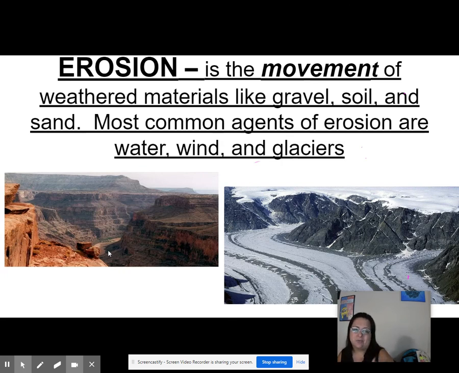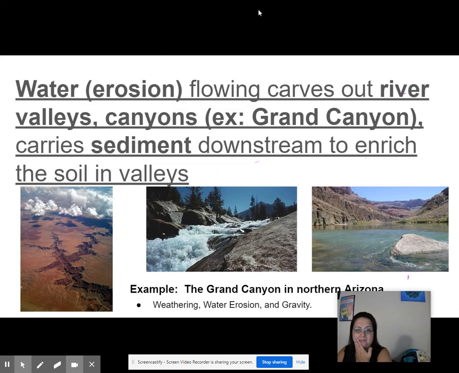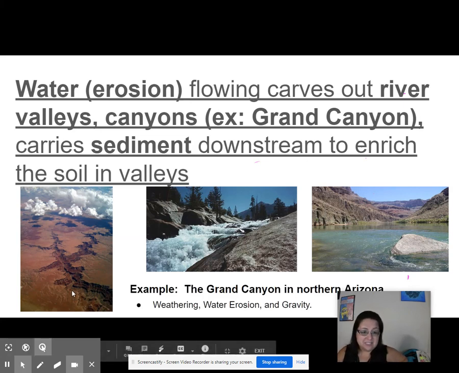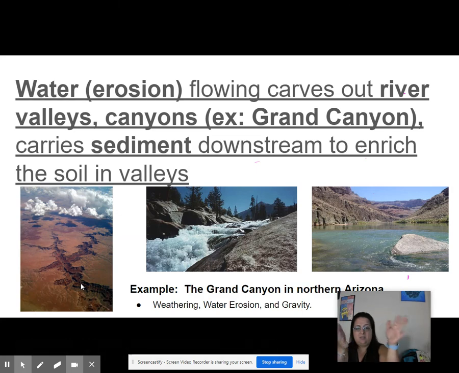Over here, again, we have our river. Guys, every river has the potential to be the Grand Canyon. Every river that you see has the potential of becoming the Grand Canyon if the current is strong enough, and if the water source is there for millions and millions and millions of years. This is an aerial view, and you can see little veins of water coming in, and then you can see that it digs into the rock.